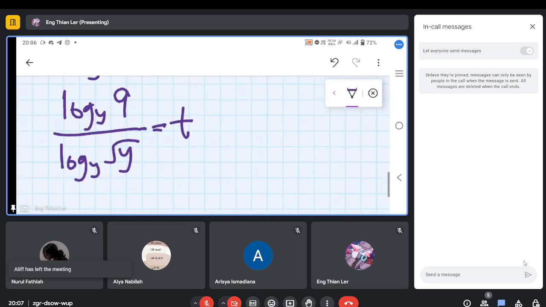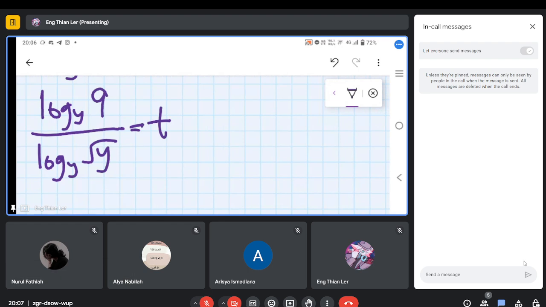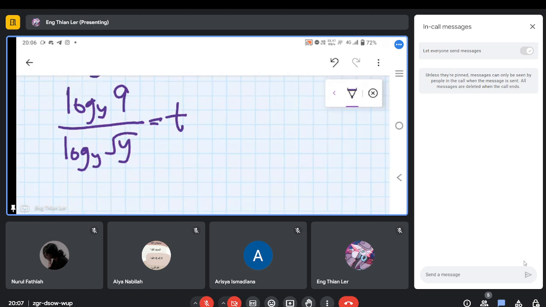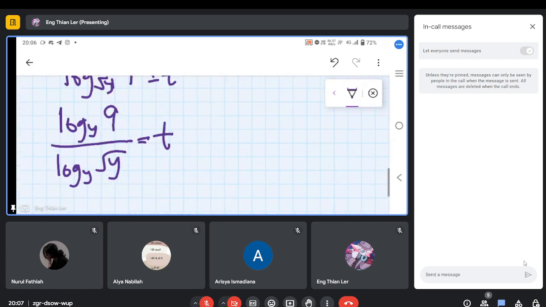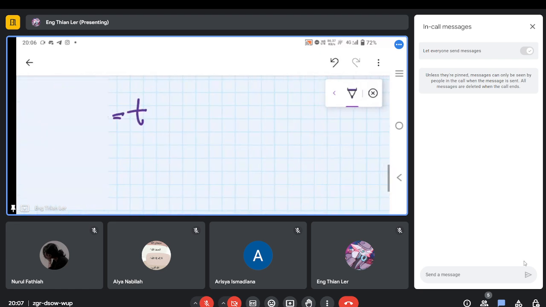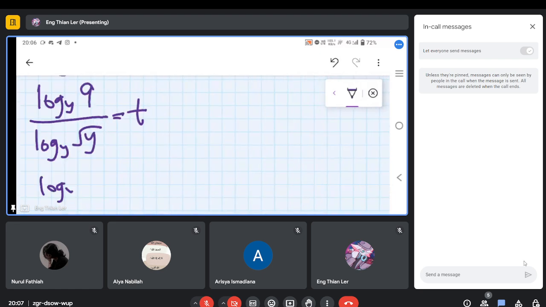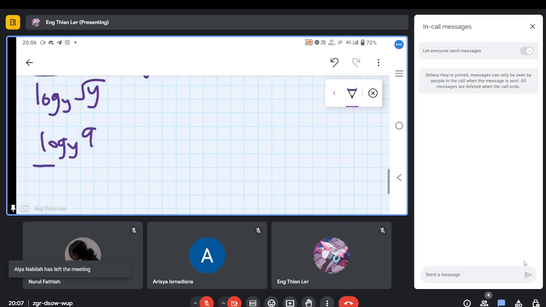Now look at this. The square root of y is also equal to y to the power 1 over 2. So log y base y just becomes 1.